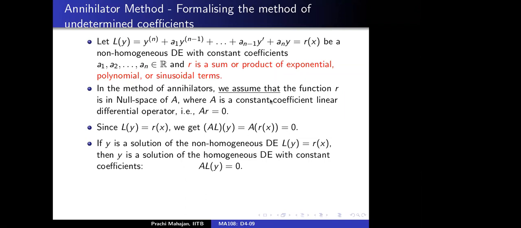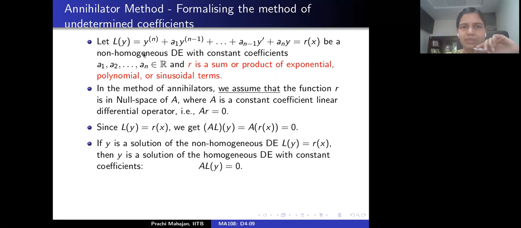Okay. All I'm trying to say is, given a non-homogeneous differential equation of order n with constant coefficients, and the right-hand side, the forcing function, being an exponential, polynomial, sines and cosines, or sum and product.